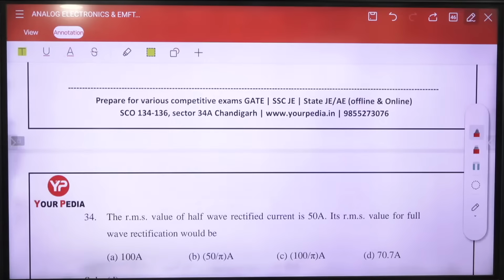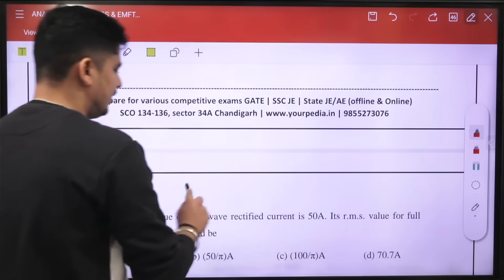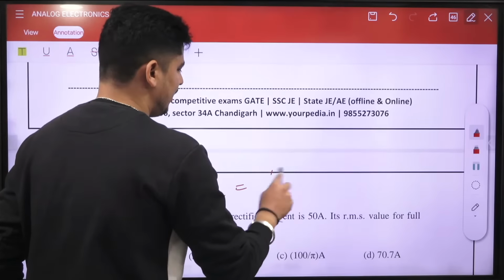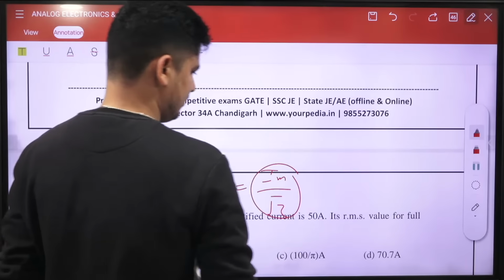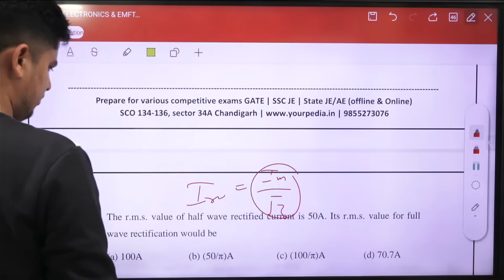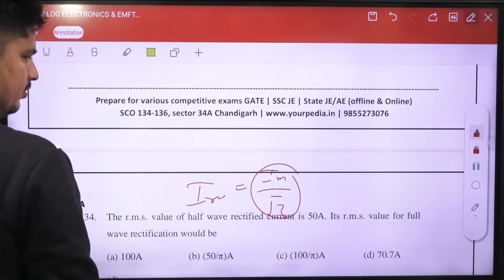The rectifier current is given to you. What is the RMS value of the full wave rectifier? Tell the answer first. The RMS value is Im by root 2. Right.